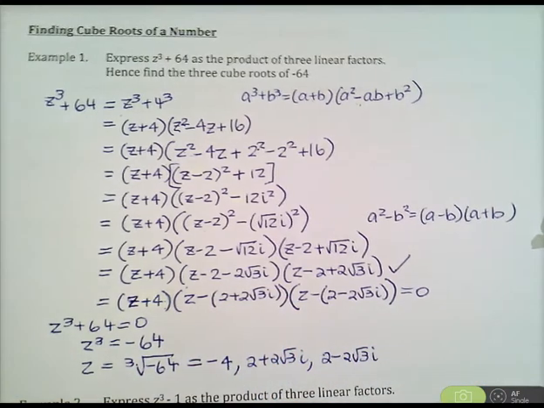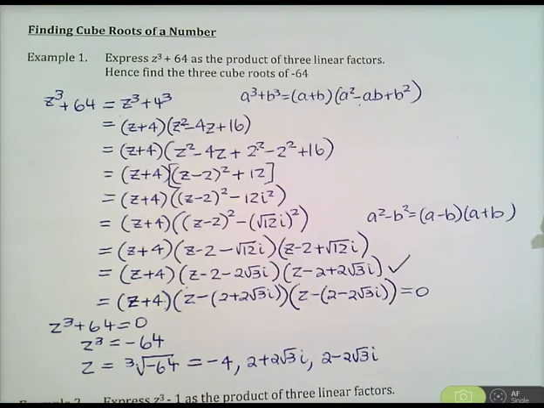Okay, so therefore these are the cube roots. So the cube roots of negative 64 are the following: z is negative 4, 2 plus 2 root 3i, 2 minus 2 root 3i.